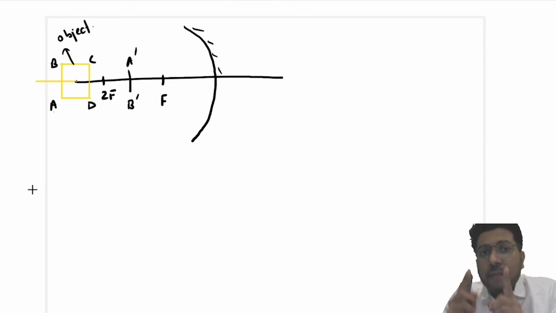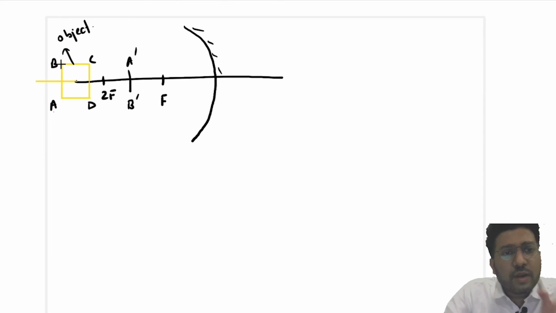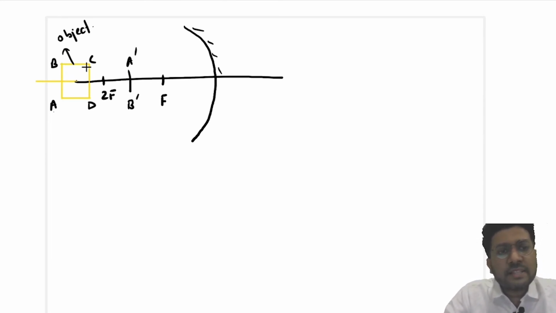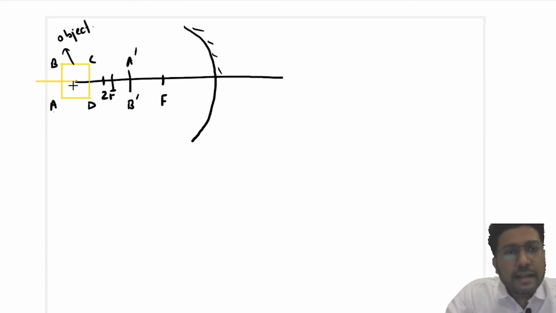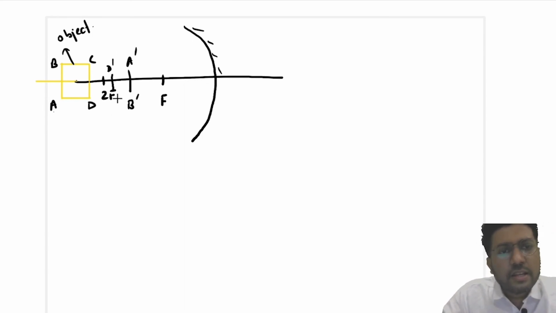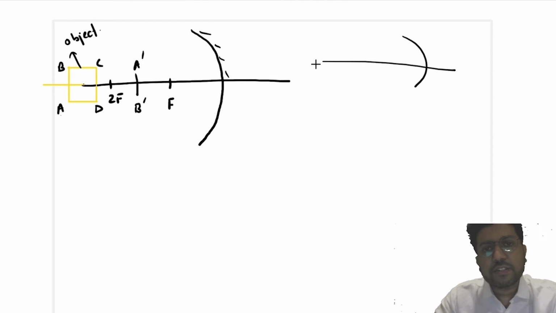Also, an image is laterally inverted always. So if AB is towards left here, here the AB will be towards right. That means CD has to come towards left, and CD also will be laterally inverted. So this will be D dash and this will be C dash, right? But one more thing here is, we know that as we move from infinity towards focus, the magnification keeps on increasing.